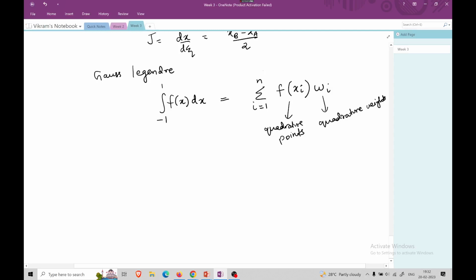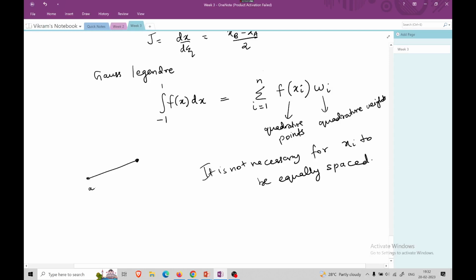So you can observe that in Gauss Legendre it is not necessary for xi to be equally spaced. In trapezoidal rule we have 2 points which are equally spaced.